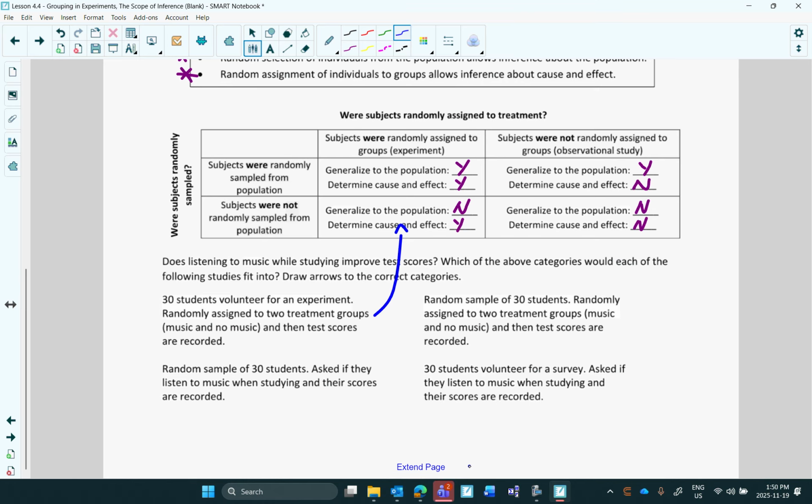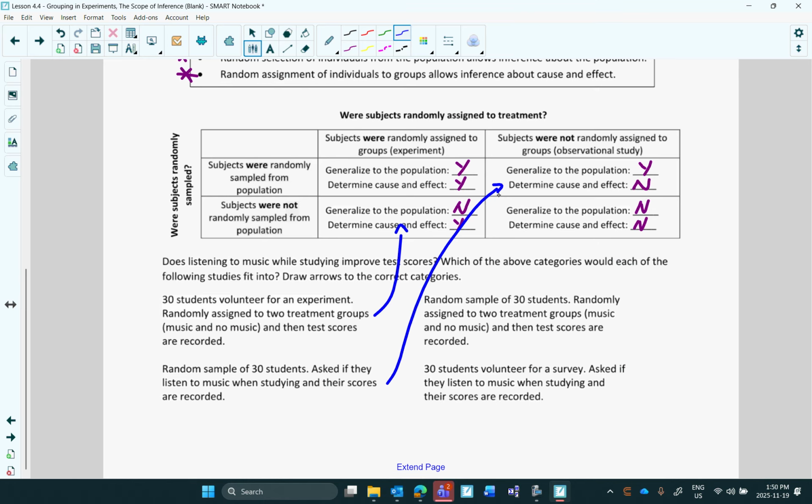Random sample of 30 students. They were asked if they listened to music when studying, and then their test scores were reported. Well, random sample of 30 students. So that would be this one, wouldn't it? They weren't randomly assigned to groups.